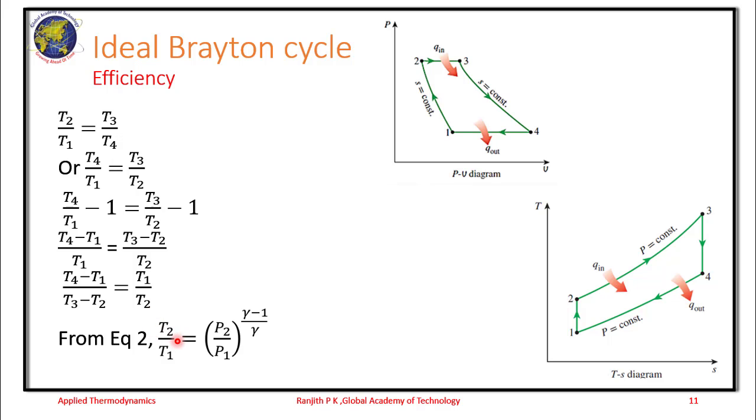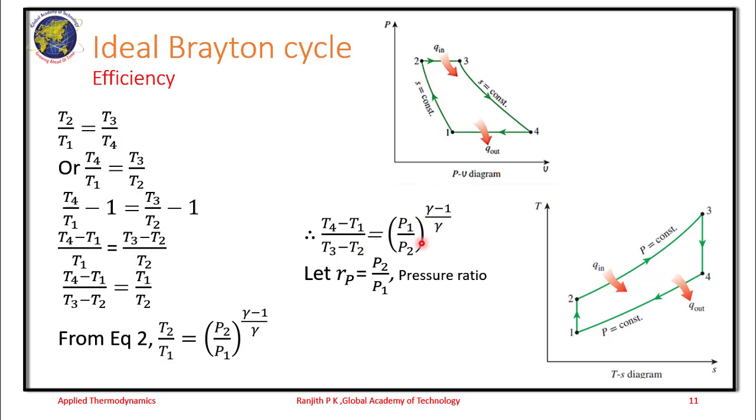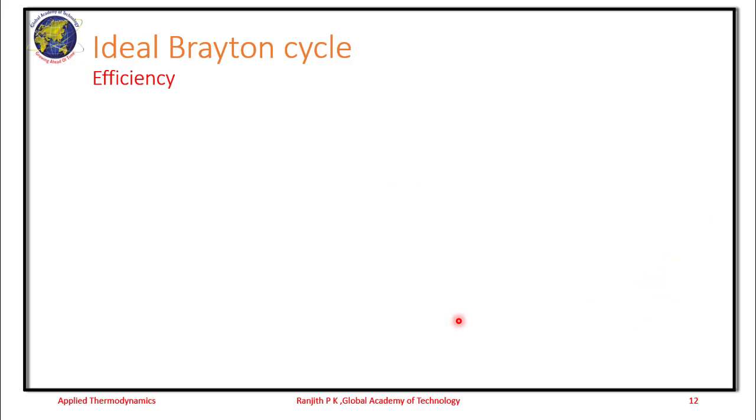From equation 2, we recall T2 by T1 is equal to (P2 by P1) power (gamma minus 1) by gamma. So (T4 minus T1) divided by (T3 minus T2) is (P1 by P2) power (gamma minus 1) by gamma. If P2 by P1 is defined as the pressure ratio Rp, we write this as 1 by Rp power (gamma minus 1) by gamma.